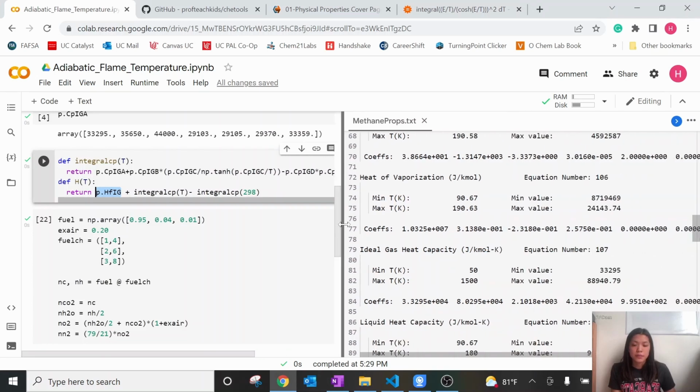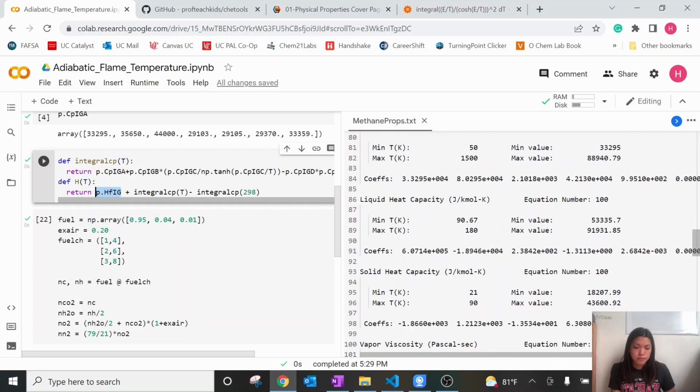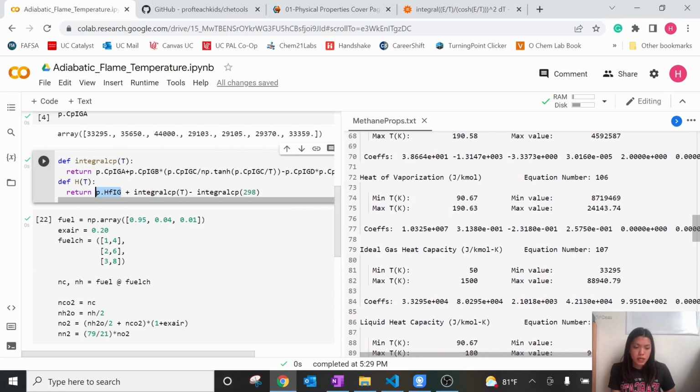But if we look at the heat capacity of an ideal gas, it is on a kilomole basis.